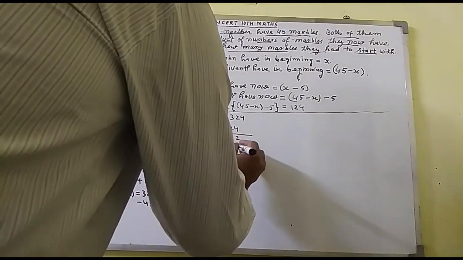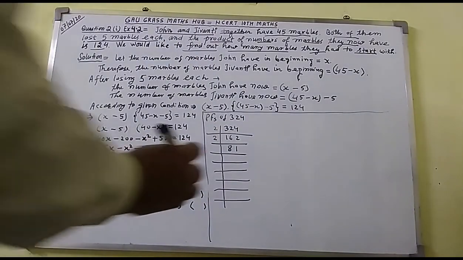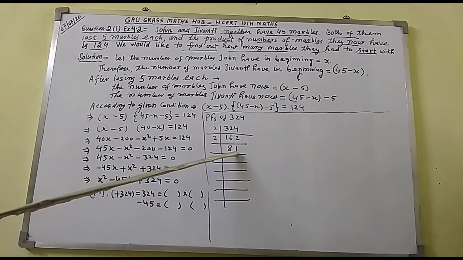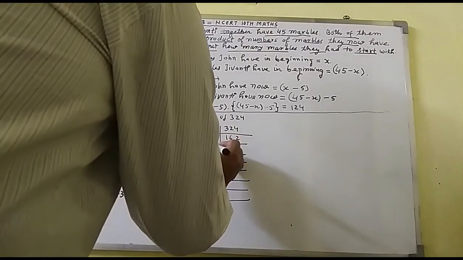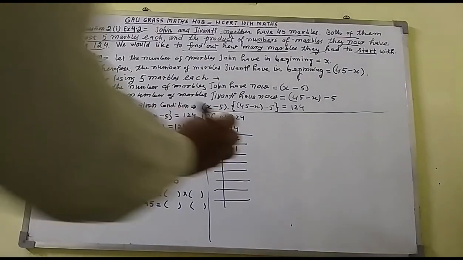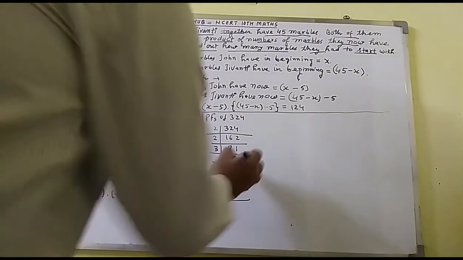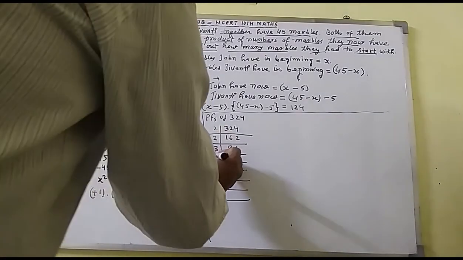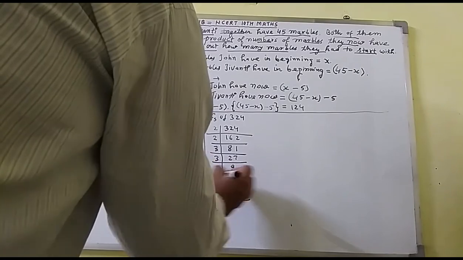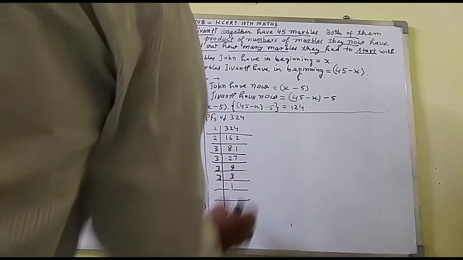Now here you can see in 81 the digit at the unit place is 1, so it can't be divided by 2. Just divide by 3, the next prime number. 81 divided by 3 comes out to 27. 27 again divided by 3, you will get 9. 9 divided by 3 gives 3, and 3 divided by 3 gives 1.